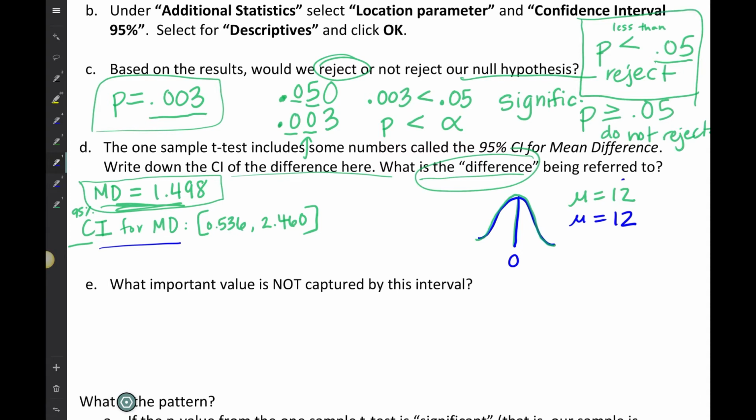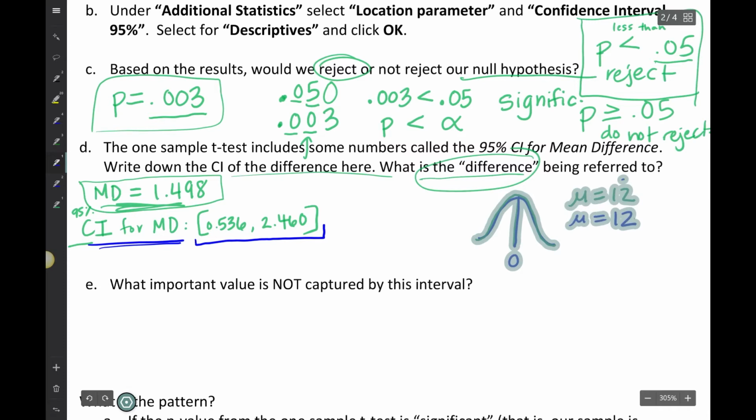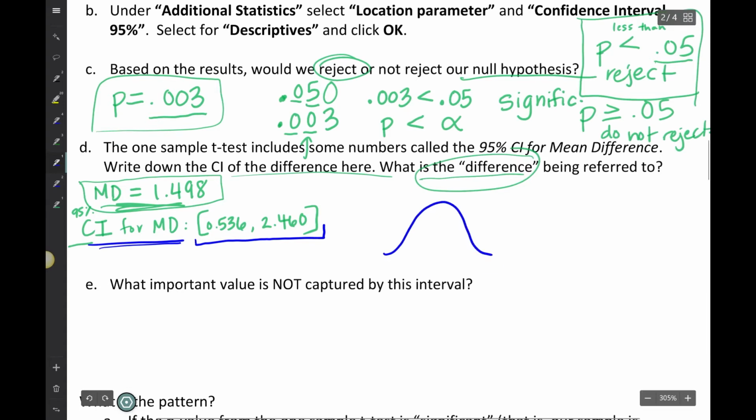Okay, so this confidence interval for the mean difference is saying how far apart do we really think those two means are based on our data? What this is telling us is that we think the means of our hypothetical population and of our population based on our sample are different by at least 0.536 seconds, by at least half a second.